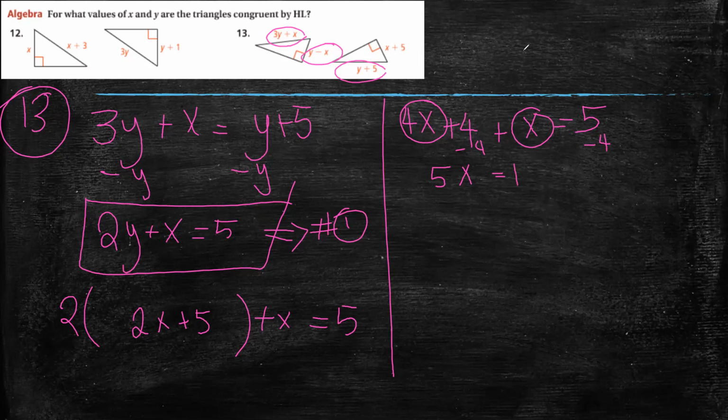Here, like yesterday, like adding monomials, what did we say yesterday? 4x plus x: I pick only 1x, and then I add the coefficients, 4 plus 1, which is 5. Then after that, I have 5x plus 4 equal 5.